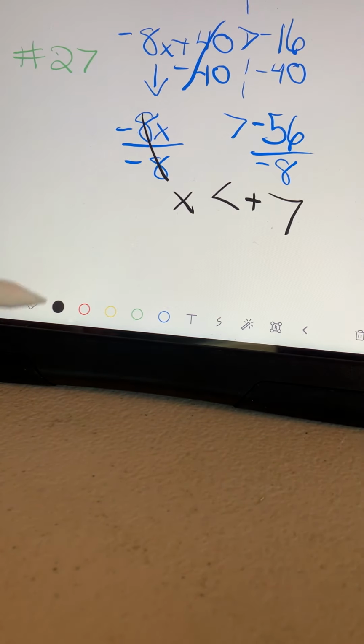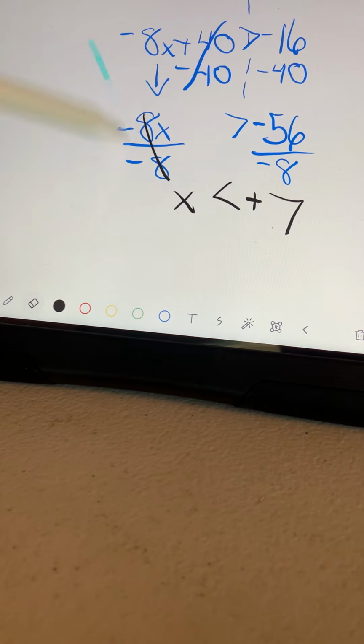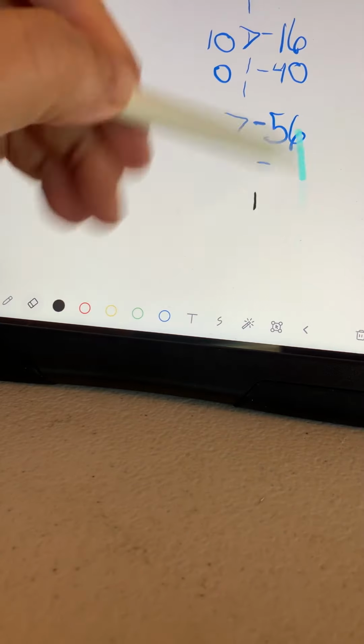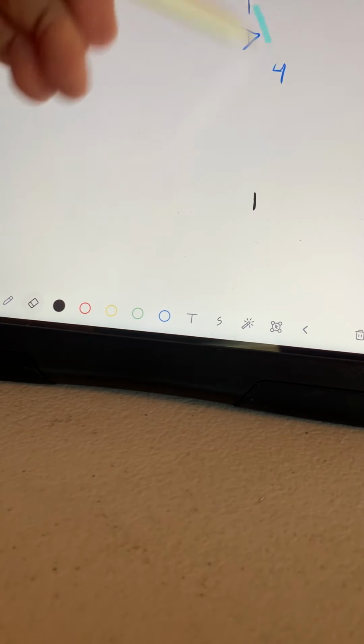Okay, number 28. Says Zachary is buying 4 tires for his car. The table shows the prices and the advertised sales for the same type of tire at 4 tire stores.